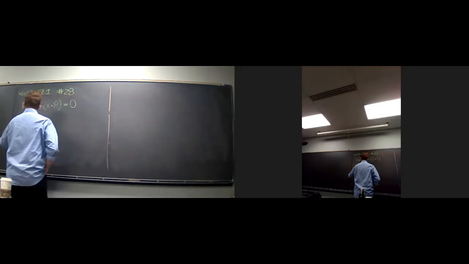All right, so the first step here, let's go ahead and combine these two ln's. When we do that, we're going to get the ln of x times x plus 8. This thing is equal to 0.